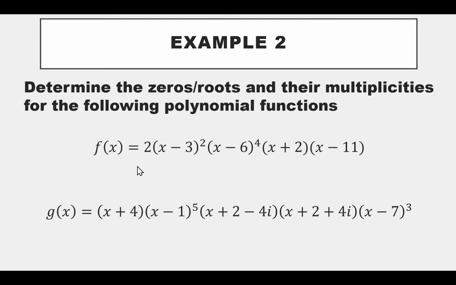It's going to be a fairly straightforward process because f of x and g of x are already factored into a bunch of linear pieces. Let's go ahead and do that.